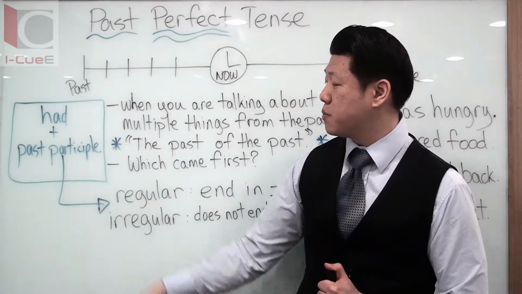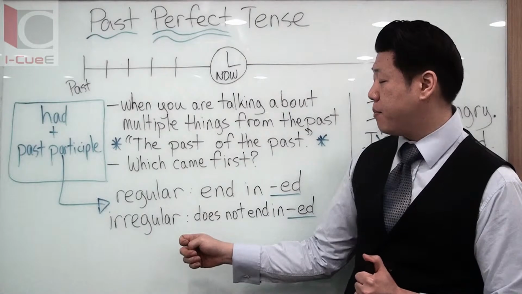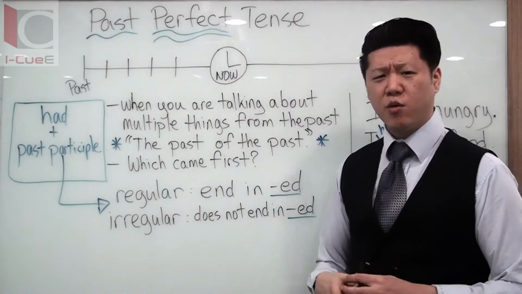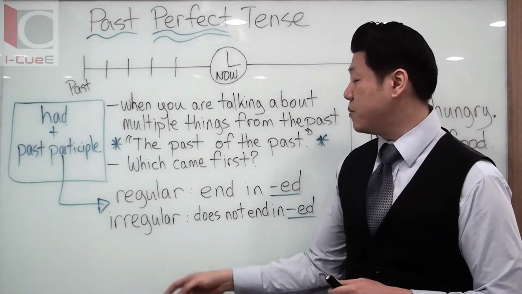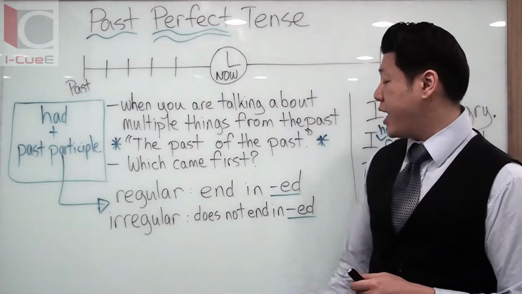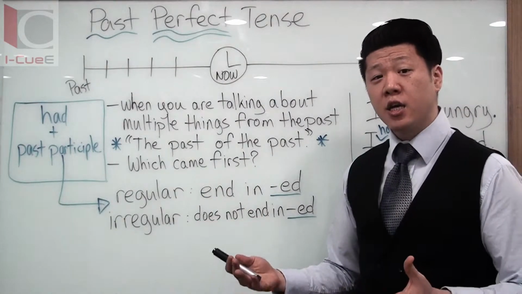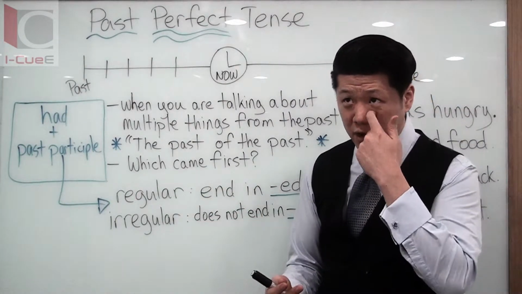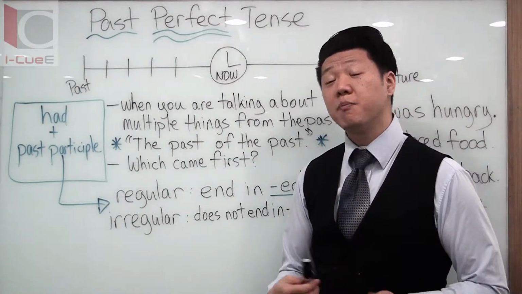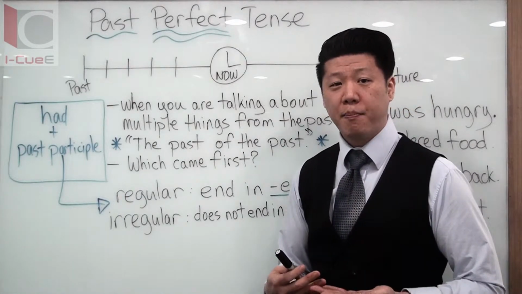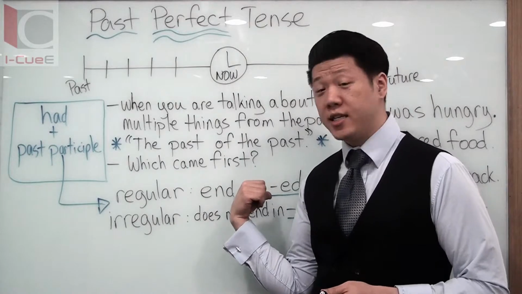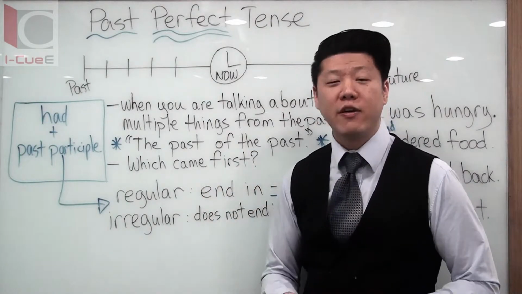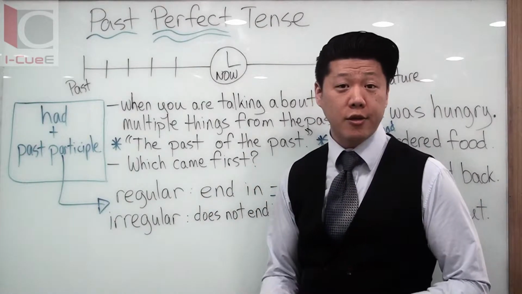The past participle, we're talking about the ending of the form of the verb that we're going to be using. Now, regular verbs, they end in ed. It doesn't matter if the regular verb is being used in the simple past tense or the past perfect tense. It's always going to end in ed. How do we know if a verb is regular or irregular?